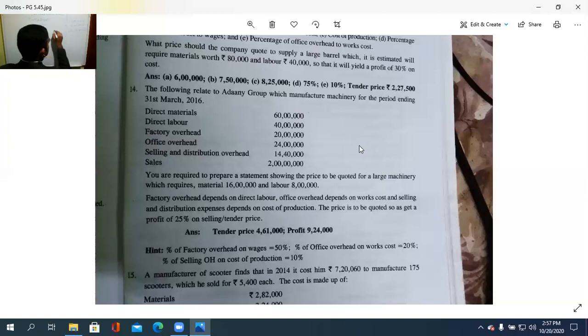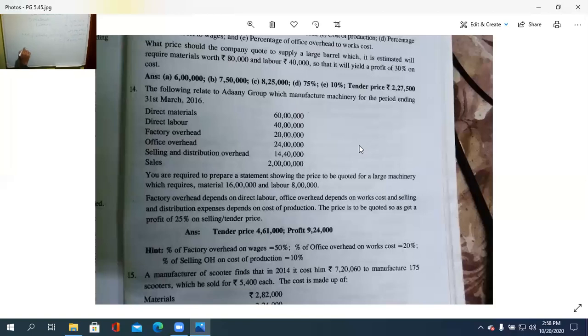The prime cost. Then add factory overheads, 50% on direct labor. So 50% of 8 lakh is 4 lakh. So it is 28 lakhs. So it is factory cost.